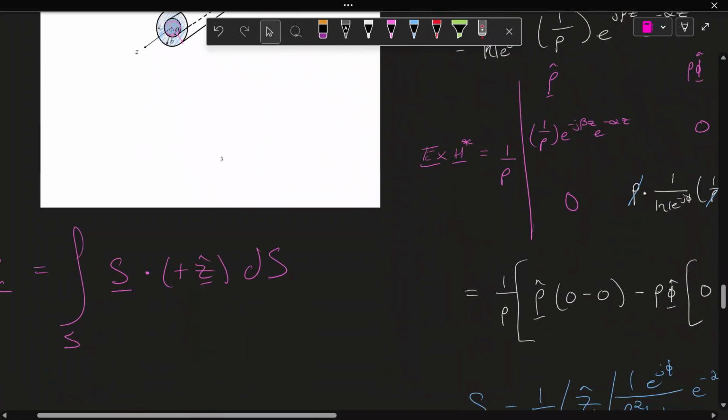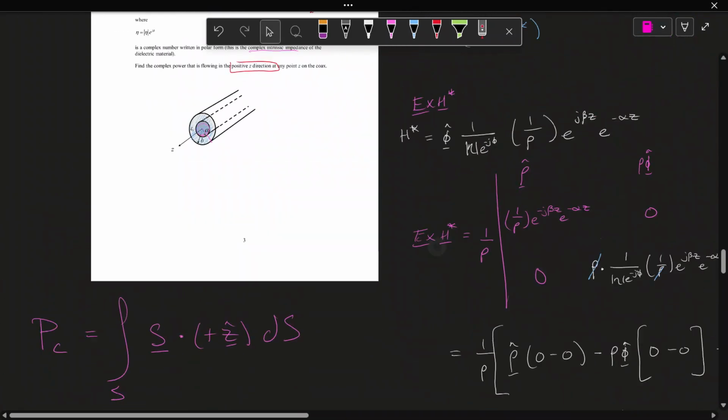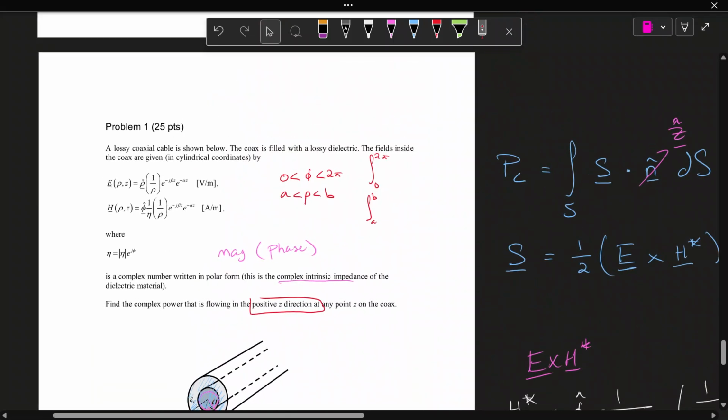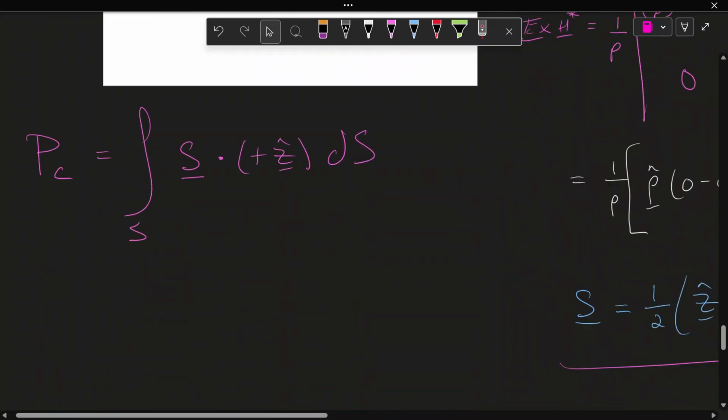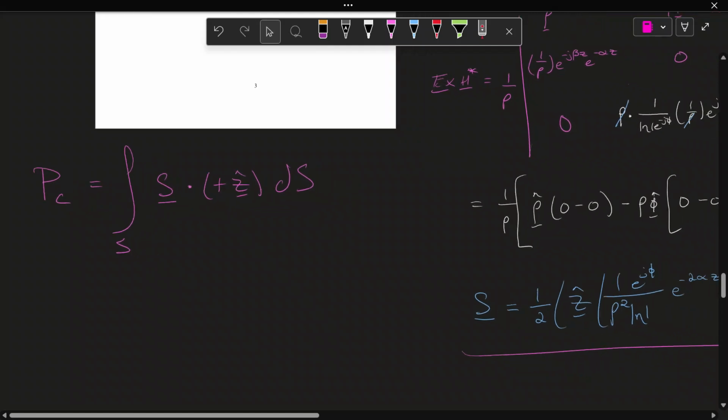And a lot of the times it will say at z is equal to L, or z is equal to z naught. For every z you get in your equation, you plug in that value, whether it be L, z naught, or negative L. You need to be careful about where those values are coming from.